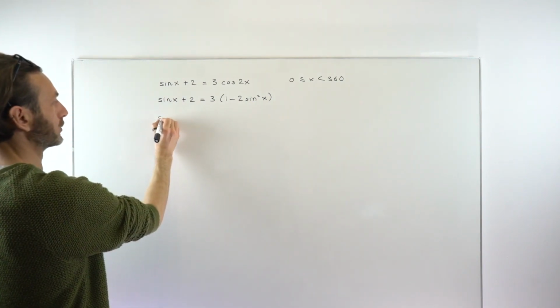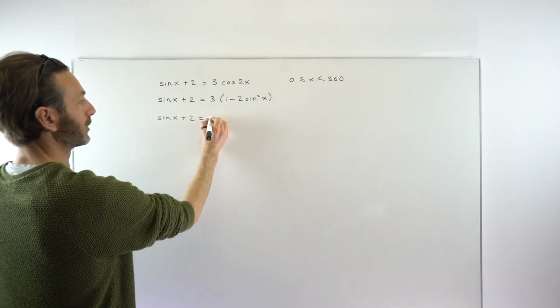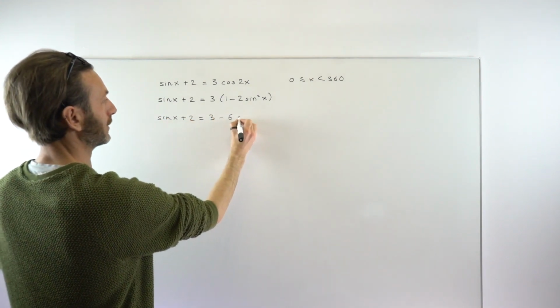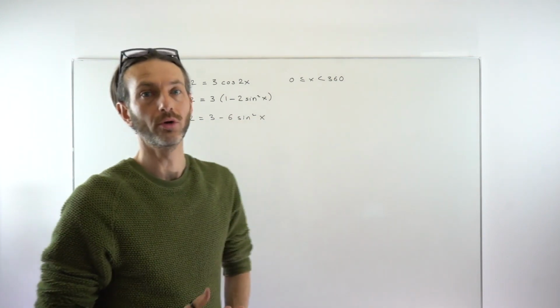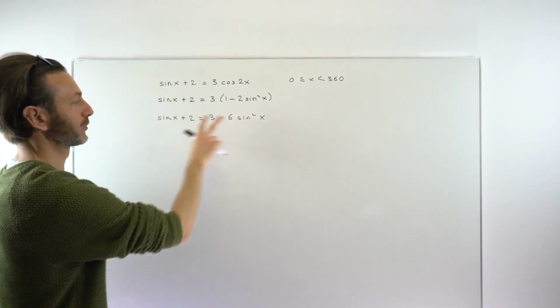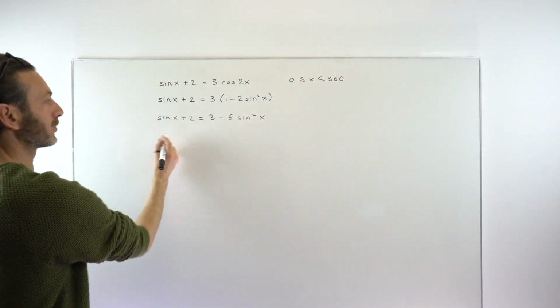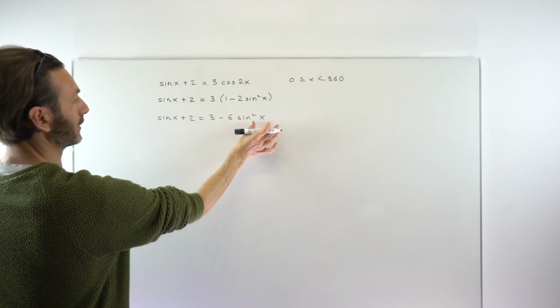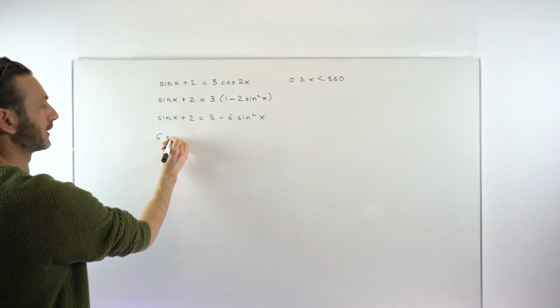So the left hand side we're just going to keep the same, sine x plus 2, multiplying out the bracket to get a 3 minus sine squared x. Remember, this is now essentially a quadratic trigonometric equation, so we need to get all the terms on one side. You want to put the highest power term first, so I'm going to start by moving the negative 6 sine squared to the left, which will make it a positive 6 sine squared x.